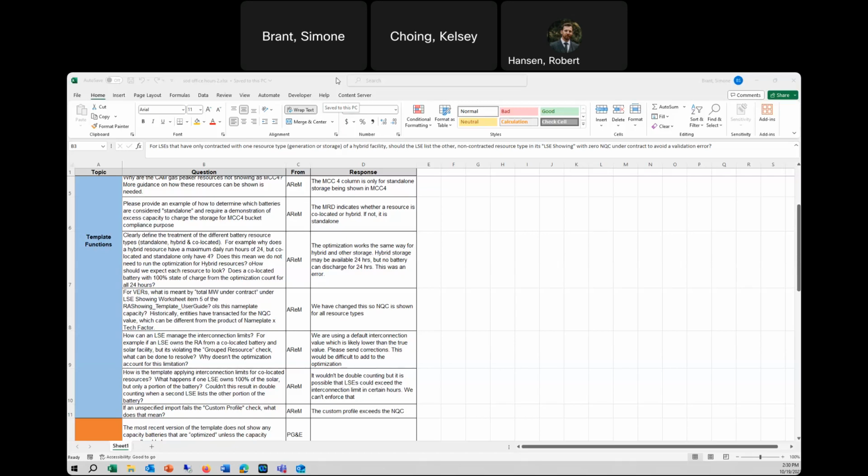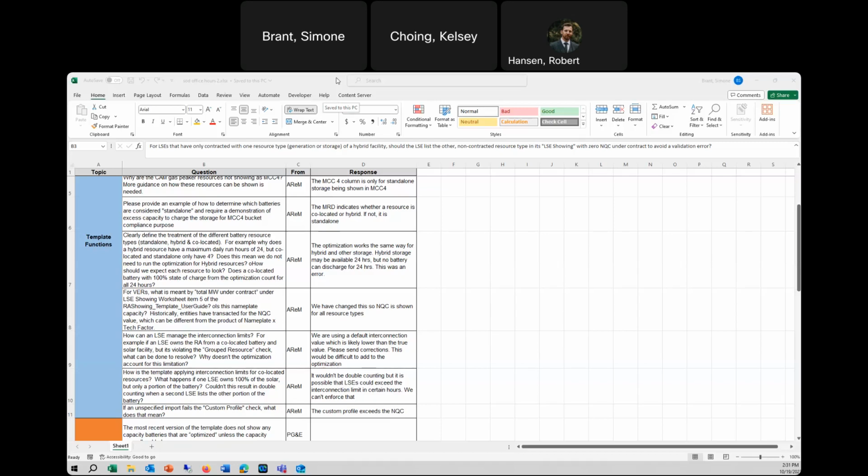If say the interconnection is basically at the maximum solar and your solar is up there, you won't be able to dispatch your maximum solar and also your battery. And that'll show up in the validation, but the optimization won't check for the interconnection limits.